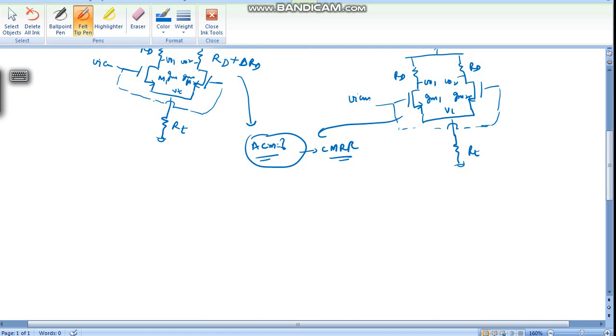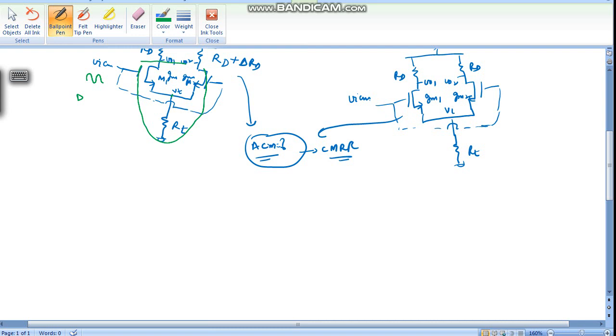So in this case, if we consider this lower portion, this is totally symmetric, and this will act like a source follower. Any signal coming here, say VICM is small, say delta, is going to change this tail node in a similar fashion.